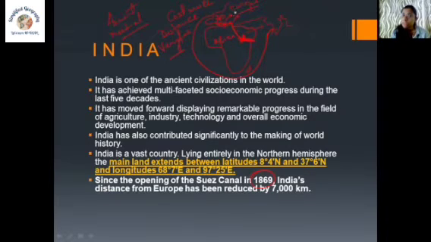So this is the location of the Suez Canal, and that's why now if somebody wants to visit Europe, they can easily move by waterways from this area to the European nations. So the 7,000 kilometer distance is reduced. It was reduced by the cutting of the Suez Canal.